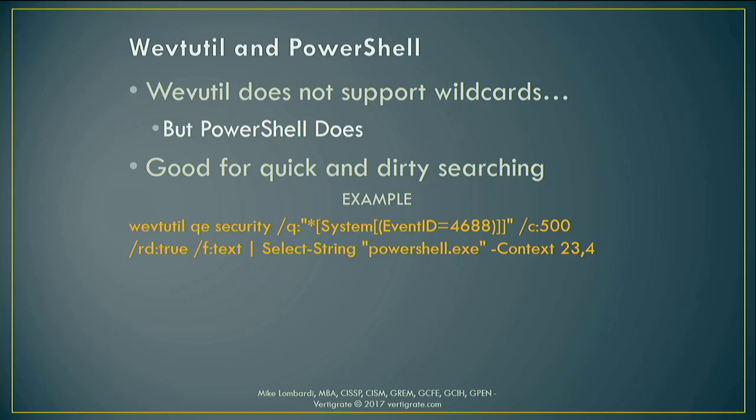We're going to get it in text format, and we're going to select the string. People familiar with the context switch on select string? Fine. It's kind of like grep before and after. So that will give us a nice pretty, okay, that's my one event. You tweak that so we're looking 23 lines up and 4 lines down.